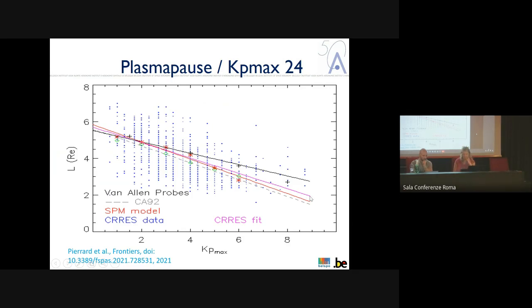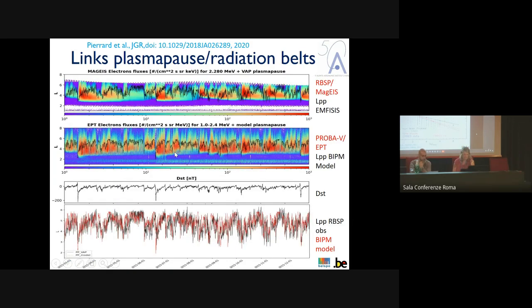And we compared with Van Allen probes' new observations in black, and with the results of the model shown here in red. With the model, it's not especially a line, it can be different, but again, you have clearly this plasmapause going closer to the Earth, but with some dispersion higher in the observations than in the model. That is an average model.